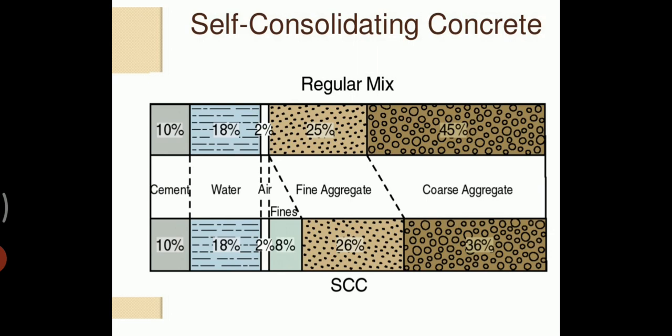The final self-compacting concrete has the same 10% cement, 18% water, 2% air entrained, but in addition 8% fines, and fine aggregate increases, while the volume of coarse aggregate is reduced. So we must decrease the volume of coarser content in self-compacting concrete.